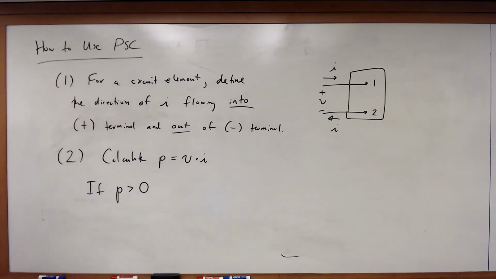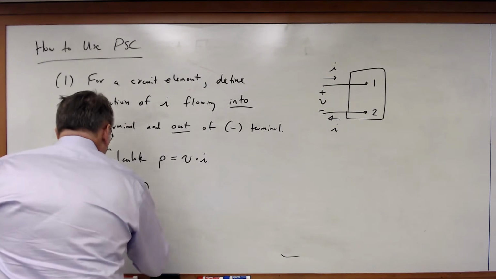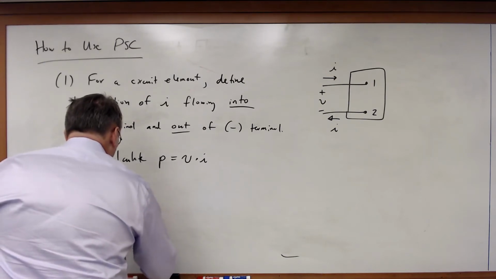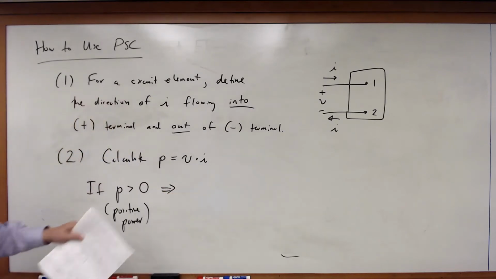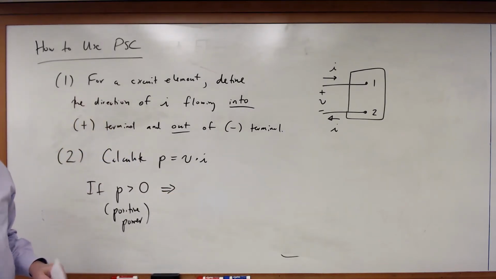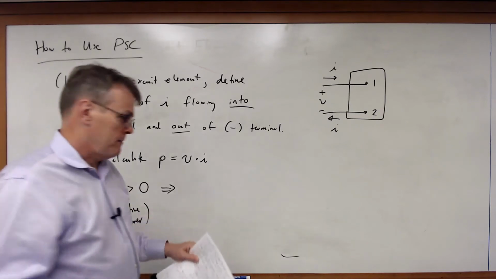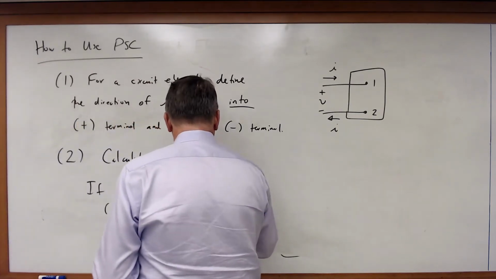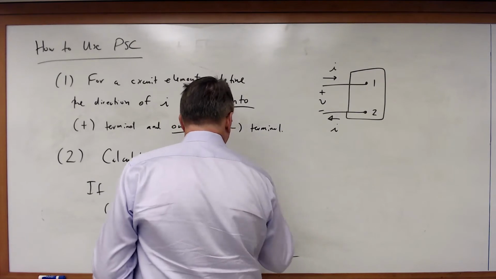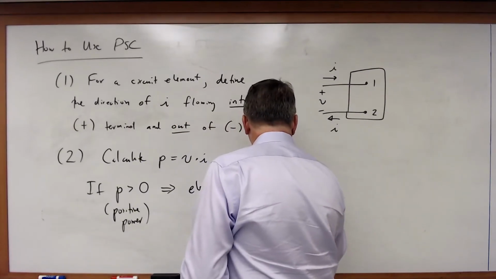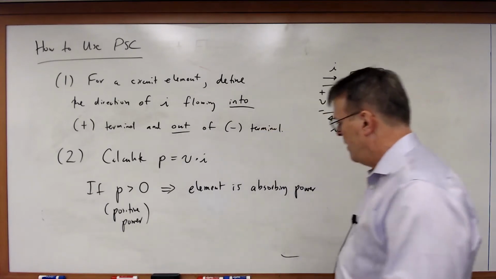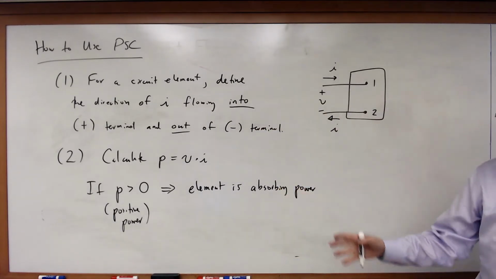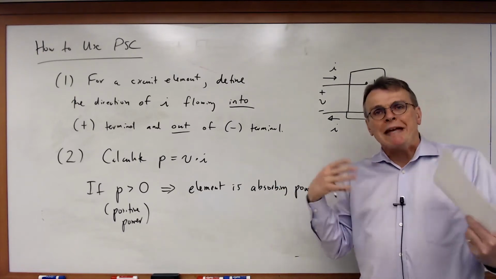If P is greater than 0, if we have positive power, what that means is the element by the passive sign convention is absorbing power. And what it's going to do is that it absorbs power. It's absorbing energy.